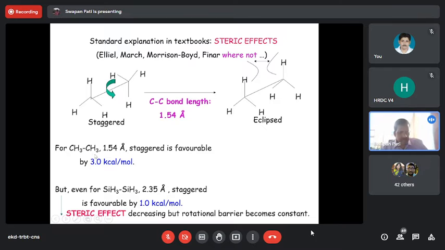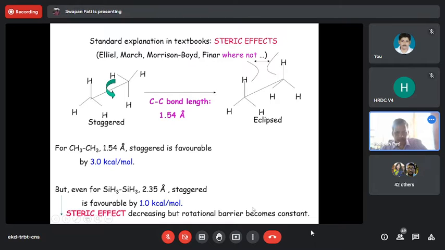For CH3, the bond length is 1.54 angstrom, and staggered is favorable by 3 kcal per mole. And even for SiH3, silicon in place of carbon, the bond length is 2.35 angstrom, and staggered is favorable by 1 kcal per mole. The steric effect is decreasing, but the rotational barrier does not vanish.